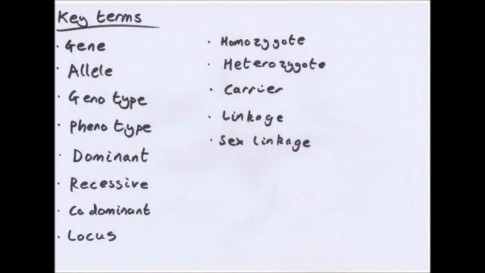Now linkage is basically saying two or more genes that are located on the same chromosome are likely to be inherited together. Why is this? What it's about is the closer two genes are on a chromosome, the more likely they'll be linked together. Let's say you've got two pieces of string, one green, one blue, and you're wrapping them over and going to swap them over.